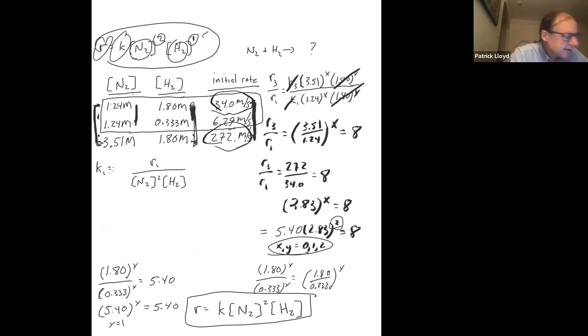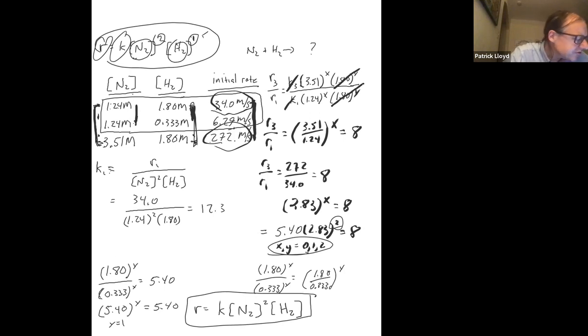That's the algebra we did in the previous problems. So this would be 34.0 divided by 1.24 squared divided by 1.80. So 34 divided by 1.24 squared divided by 1.8, and you get 12.3.